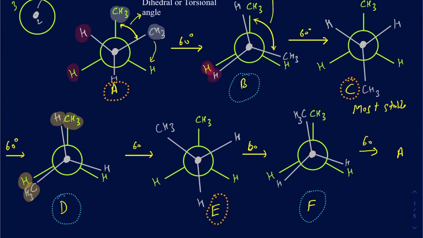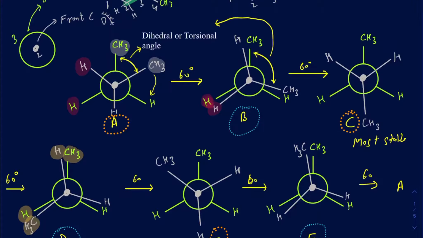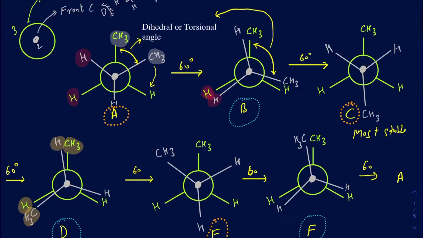Now, in addition to that, whenever you have two groups close by in staggered conformation, what's going to be the difference between A and E versus C? I can clearly see here that the CH3 groups in case of A and in case of E are in a very similar situation as far as the interactions go, because they are separated by a very similar angle.